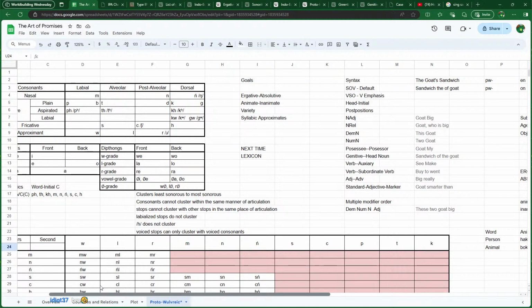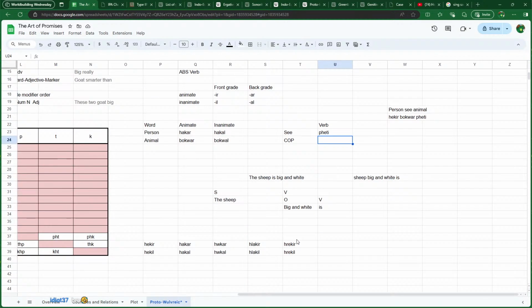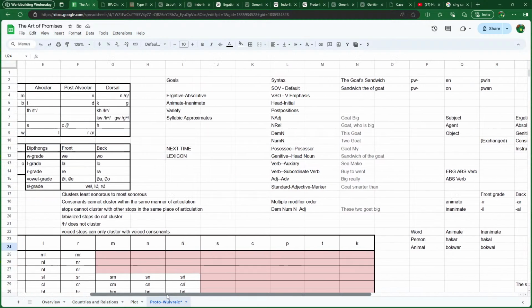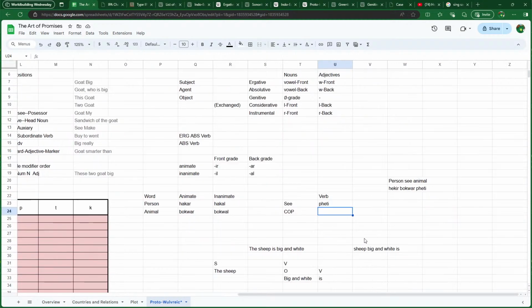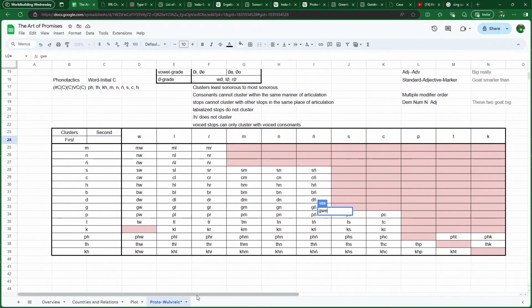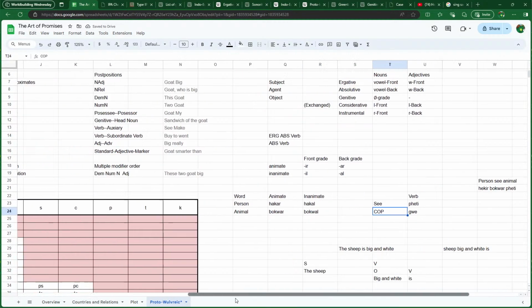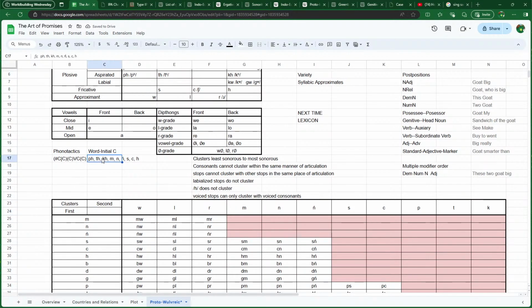So, Gwe. I think that's good. Gwe. That can be our copular verb.